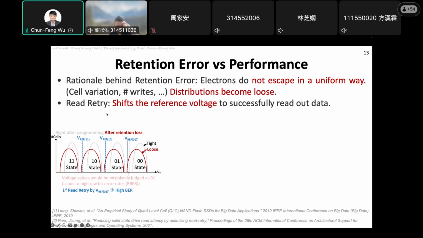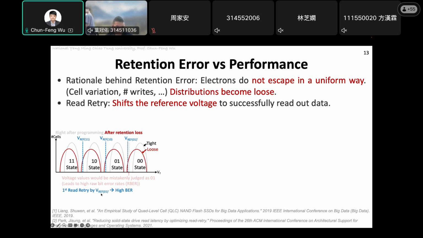So there comes the retry. We try to shift the reference voltage to successfully read out the data. As we know, in most cases, the error is that electrons leave the gap, so we can move the voltage value to the left-hand side and decrease it. This is the first retry.